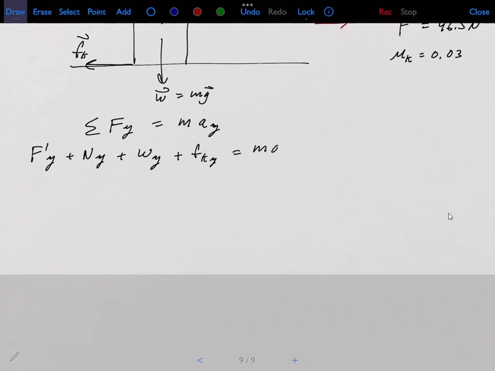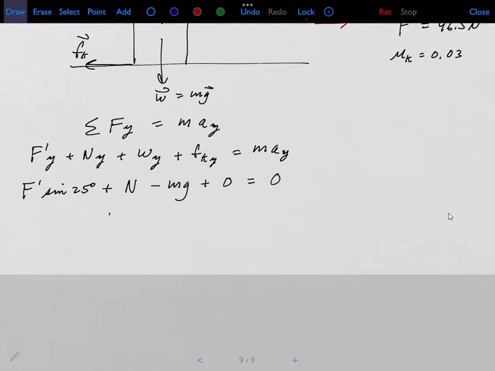That's equal to may. The y component of F prime is going to be F prime, which we know now, times sine of 25. I'll just leave it as F prime. The y component of the normal force is all of N. The y component of the weight is minus mg. The y component of the kinetic frictional force is 0. And then it's not moving in the y direction, so acceleration is 0, so that's 0.